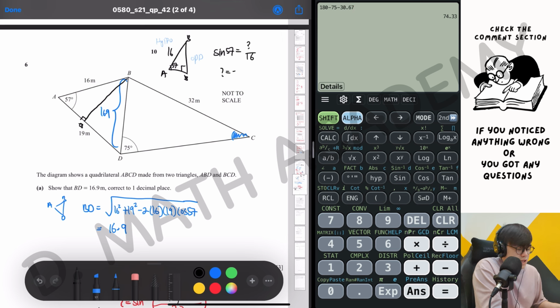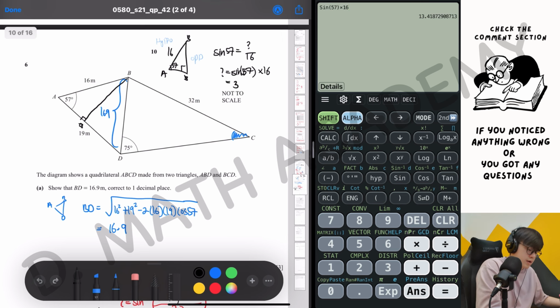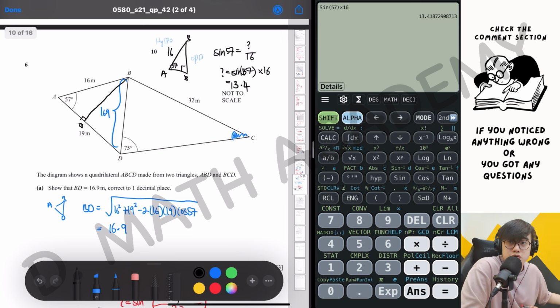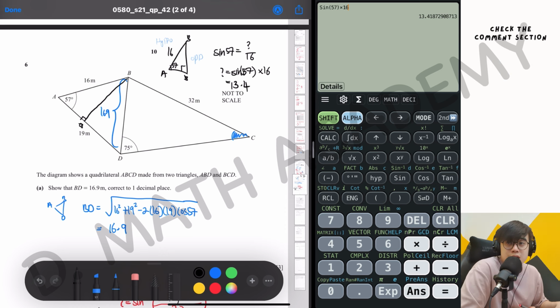By taking sine 57 times 16, you get your answer. The answer should be 13.4 after correcting it to 3 significant figures. So that's how you get the shortest distance from B to AD.